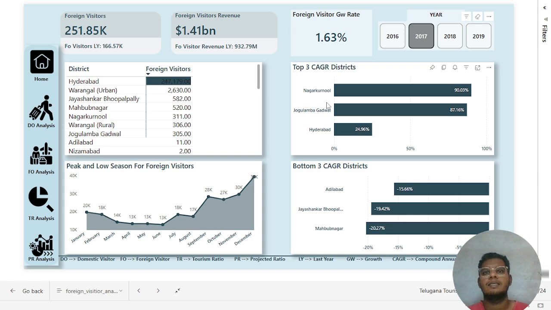There is comfort, and there are people seeking luxury, because people always want that, right? What things we need to improve and where we need to focus will be discussed in future dashboards. And the next is tourist ratio analysis. We will see that in the next dashboard.